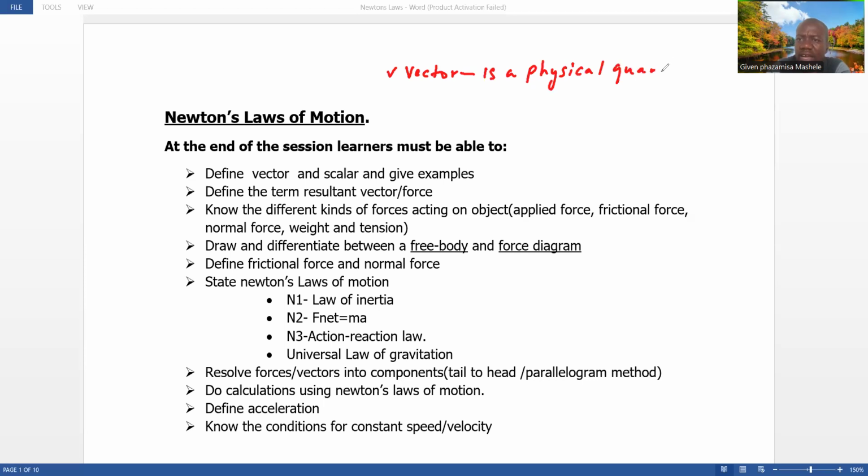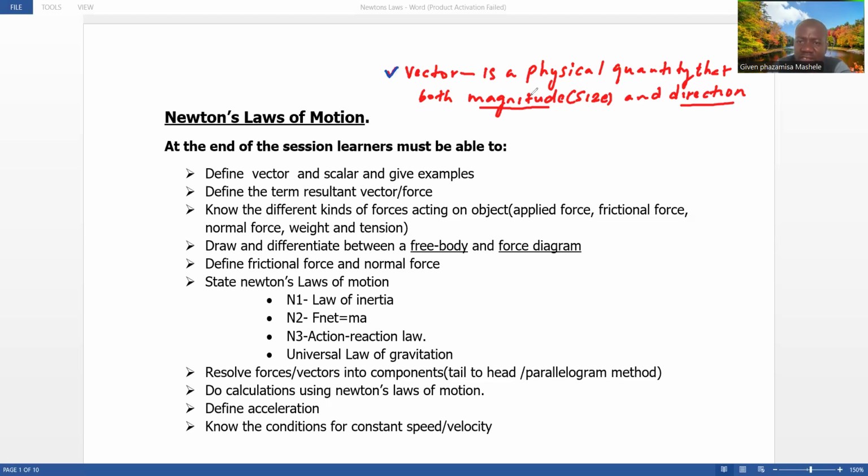A vector is a physical quantity that has both magnitude, or in another book they call it size, and direction. It must have the magnitude and the direction. Any physical quantity which has both magnitude and direction is regarded as a vector.